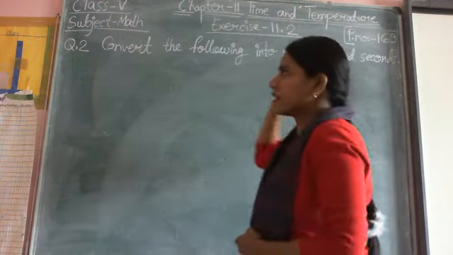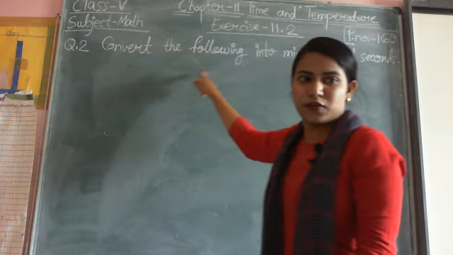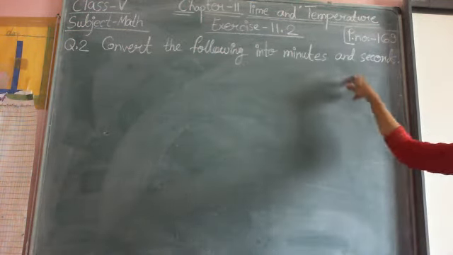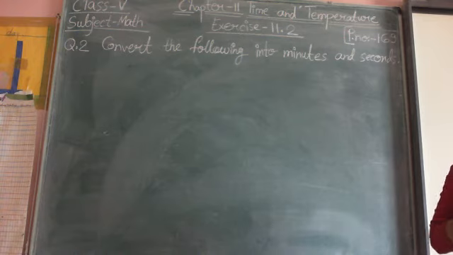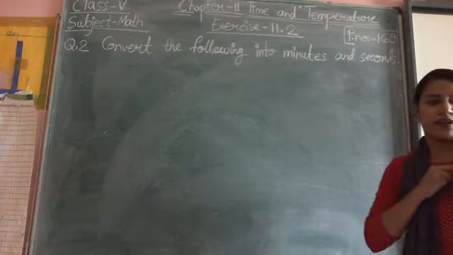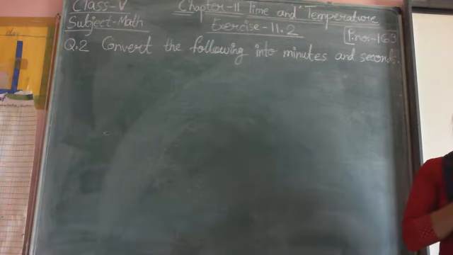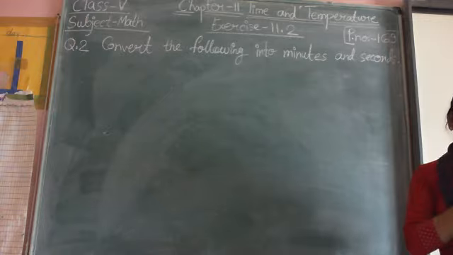What is our task here? Our question is to convert the following into minutes and seconds. So, it is very much clear from the question that we will convert the given seconds into minutes and seconds.